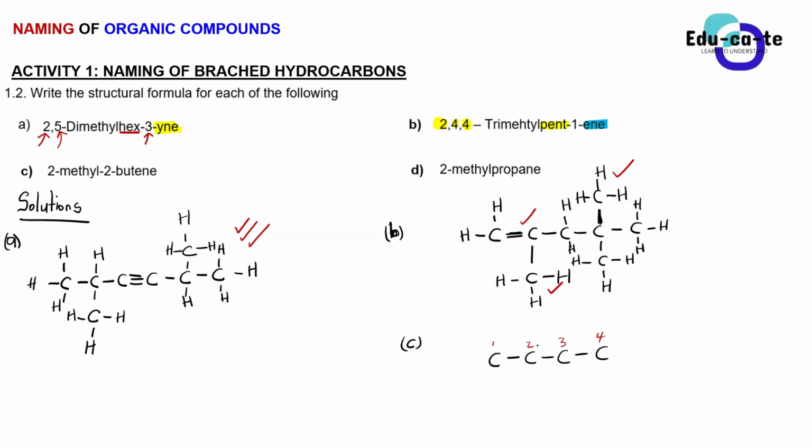So after carbon number 2, you put a double bond, because it says 2 butene here. So this 2 butene, remember, guys, is the same thing as saying but-2-ene. It means that we have 4 carbons in the parent chain, and on carbon number 2 we have the functional group for alkenes, which is a double bond.